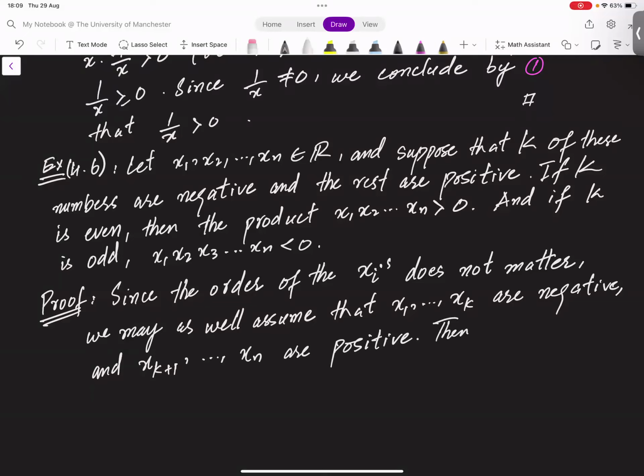Then by example 4.1, minus x1 to minus xk, comma xk plus 1 to xn are all positive.